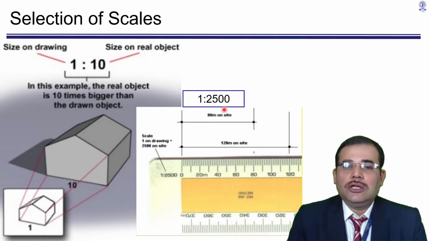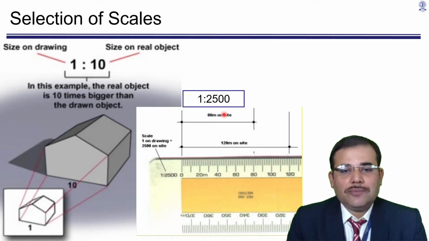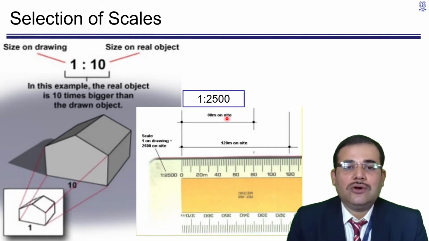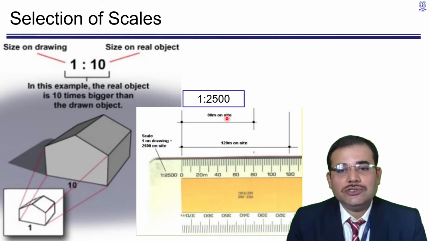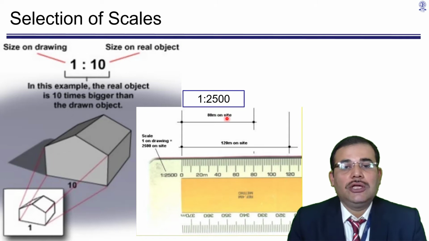Now take an example of 1:2500 scale. When this scale is adopted for larger scale drawings, for example, the drawing of an airport. In such circumstances, your room dimensions or building dimensions will be in certain meters.